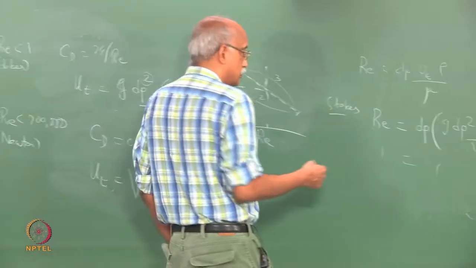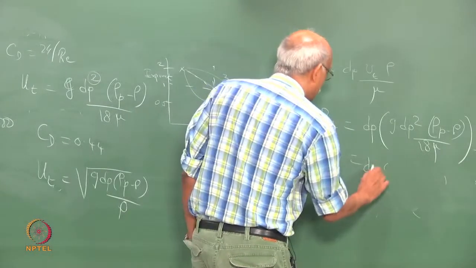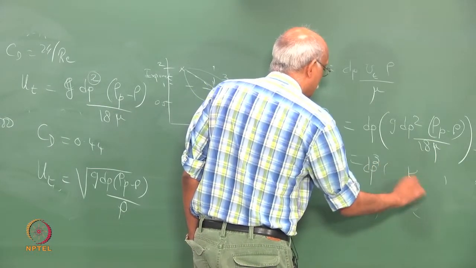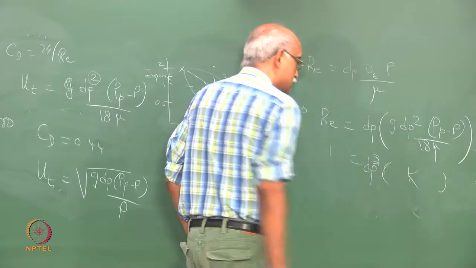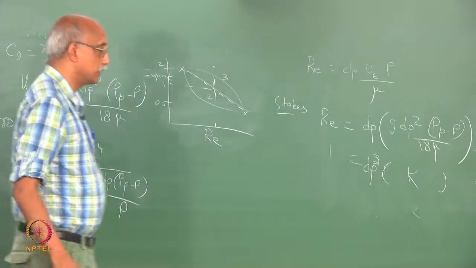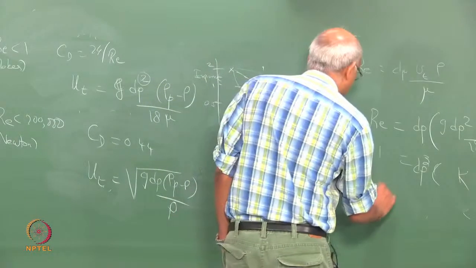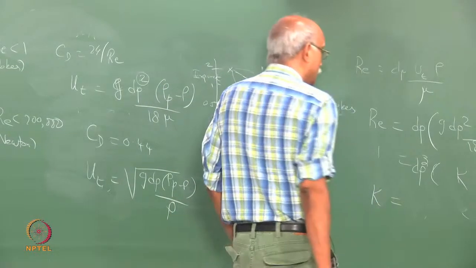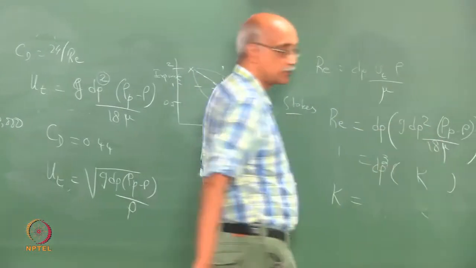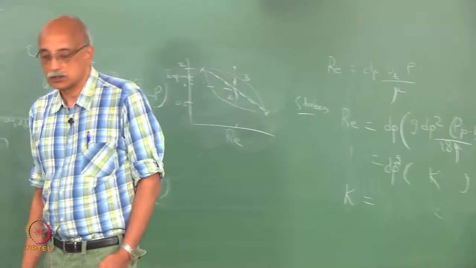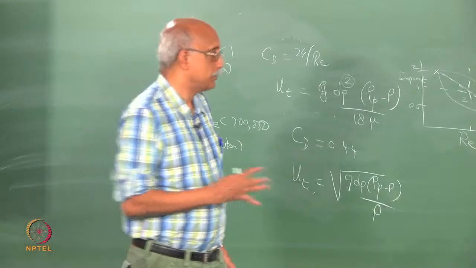So this you can write as some dp cubed times some k, and the value of k is everything else in this expression that excludes dp cubed.